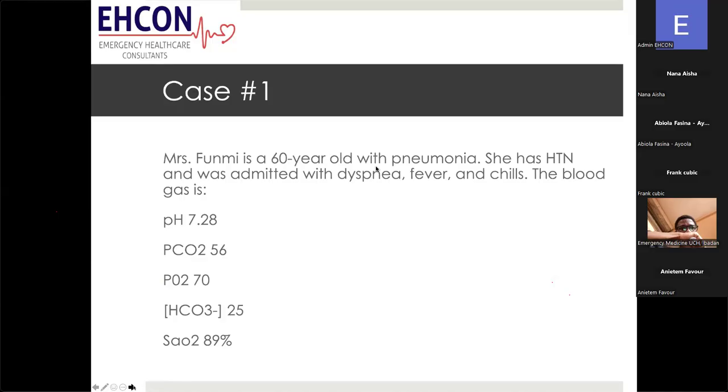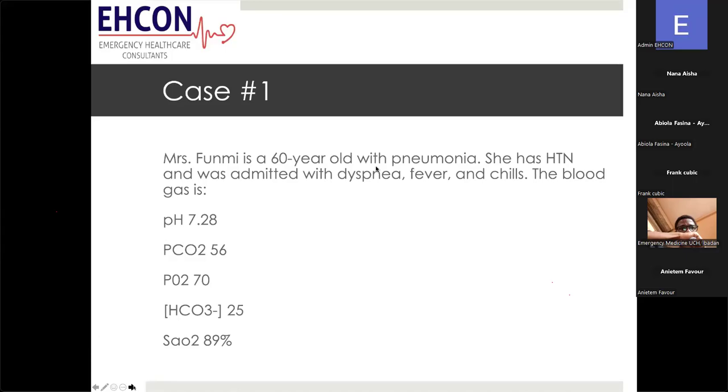Bicarb seems normal, so it hasn't changed, but the PCO2 has risen. So we have a pH that's going down and a PCO2 that's going up, which is an inverse relationship indicating that the primary disorder here is probably a respiratory acidosis.